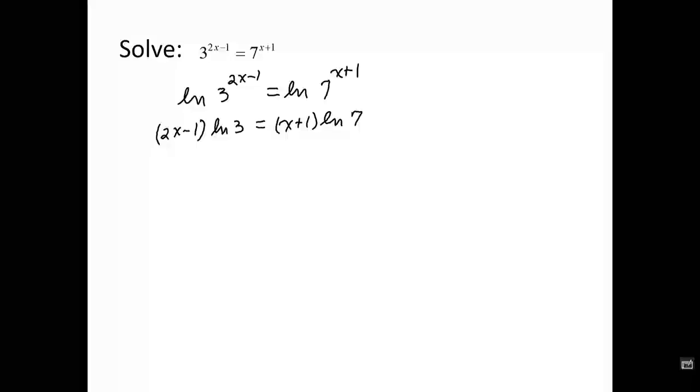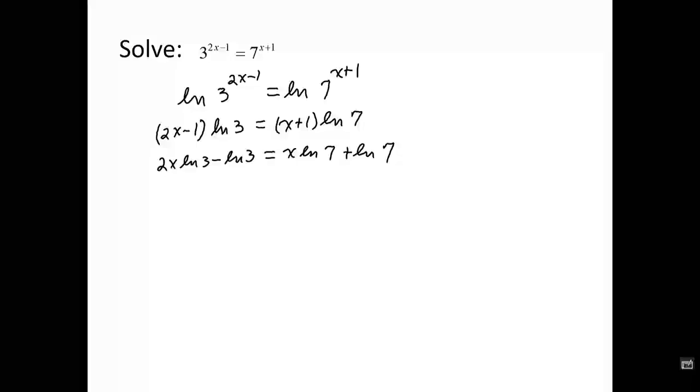All right, let's simplify by doing the multiplication. 2x times the natural log of 3 is 2x times the natural log of 3 minus the natural log of 3 is equal to x plus 1 times the natural log of 7. X times the natural log of 7 is x times the natural log of 7. And 1 times the natural log of 7 is going to be plus the natural log of 7.